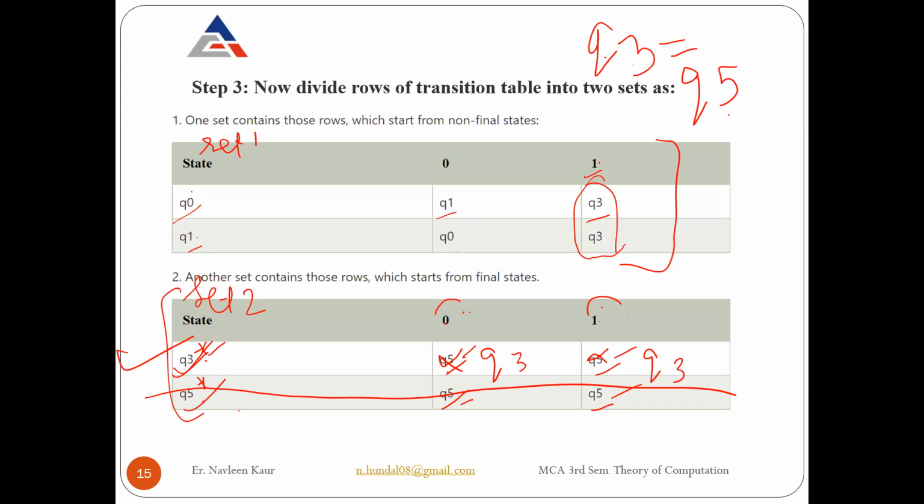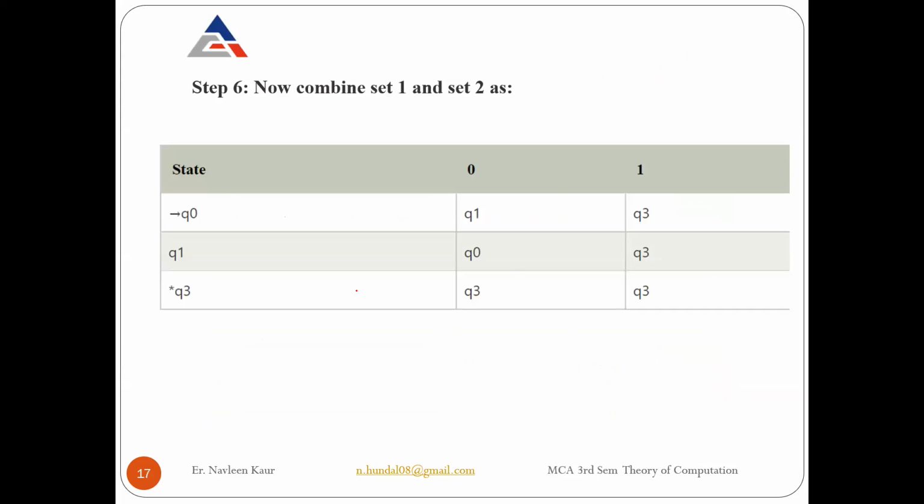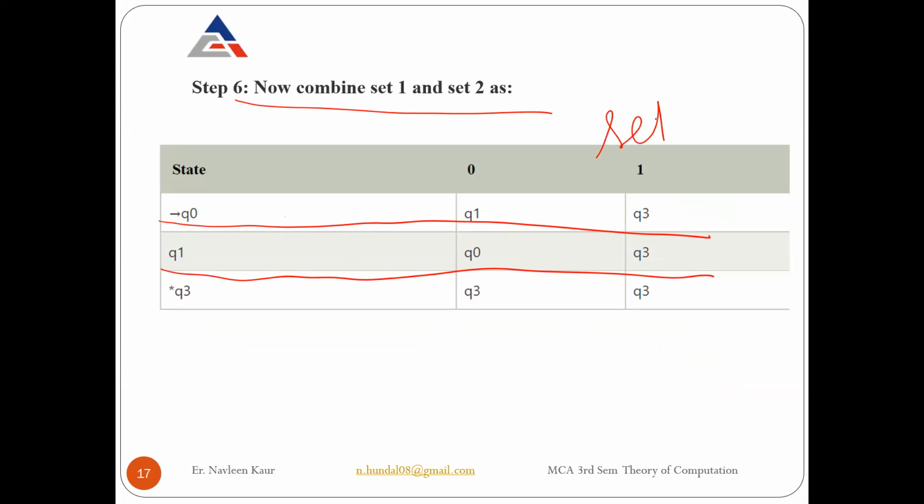Now let's combine it again. From set 1, we will get these two rows, and from set 2, we will get only this row. Now let's combine them again to form a single table. So we have this single table now. These are the two rows which we get from set 1, and this is the one row which we get from set 2.